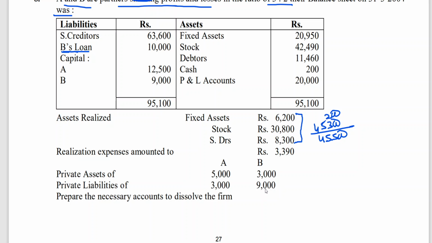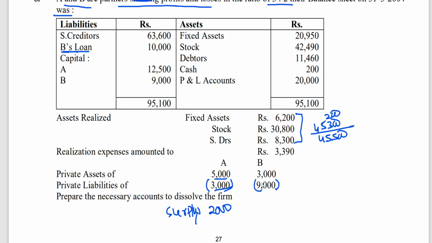Now let us see what the partners can do. A private assets 5,000, A private liabilities 3,000. So as I told you, when partners are bringing their private assets, first they need to use that amount for making their private liabilities. So private assets minus private liabilities surplus is how much? 2,000. As far as B, position is worst.